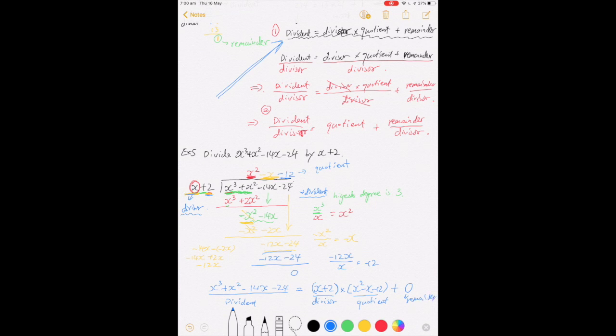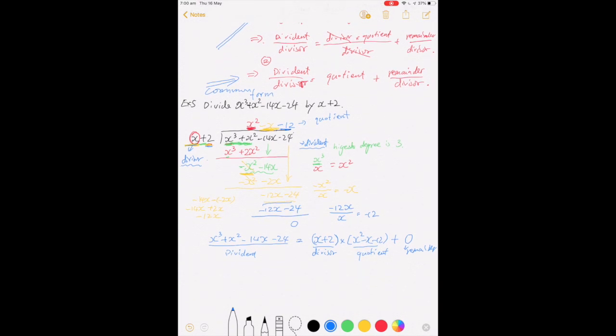Alright, and then this form over here is called common form. And then we can rewrite x cubed plus x squared minus 14x minus 24 divided by my divisor x plus 2, which is equal to the quotient x squared minus x minus 12, plus the remainder over the divisor, which is x plus 2.